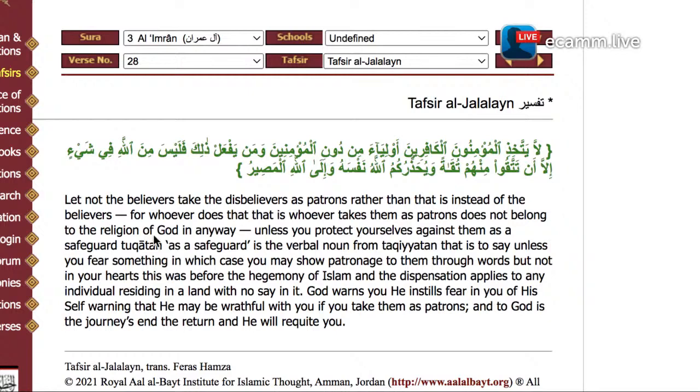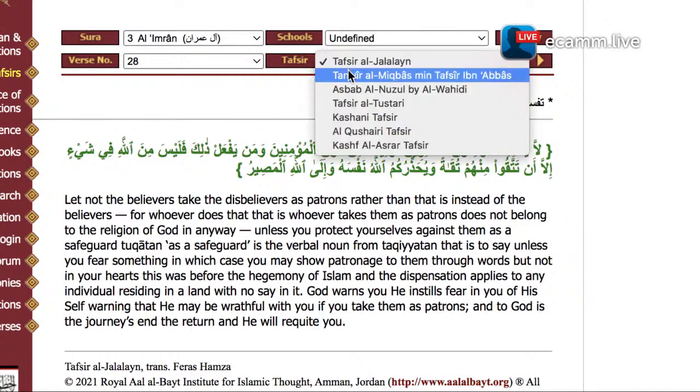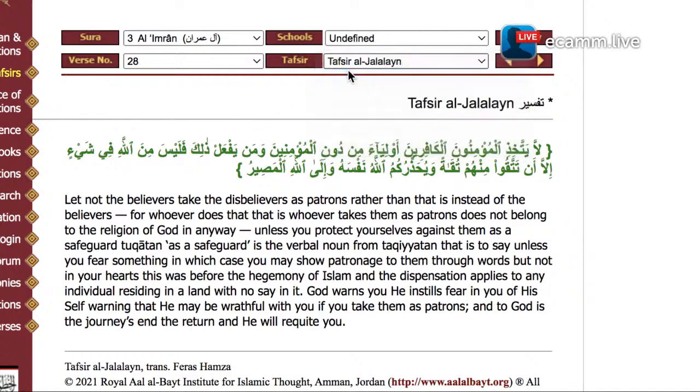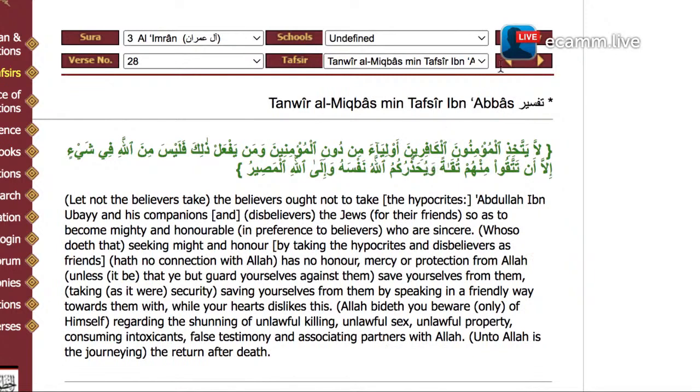Even here it says that a Muslim can speak to the Christians or Jews or whatever in a friendly way, but in your heart you should hate them. Read what it says in front of your eyes here. A Muslim cannot take non-Muslims as friends. So if a Muslim says to you he's your friend, he's lying. Chapter 5, verse 51, and there are many verses, says you cannot take Christians and Jews as friends.